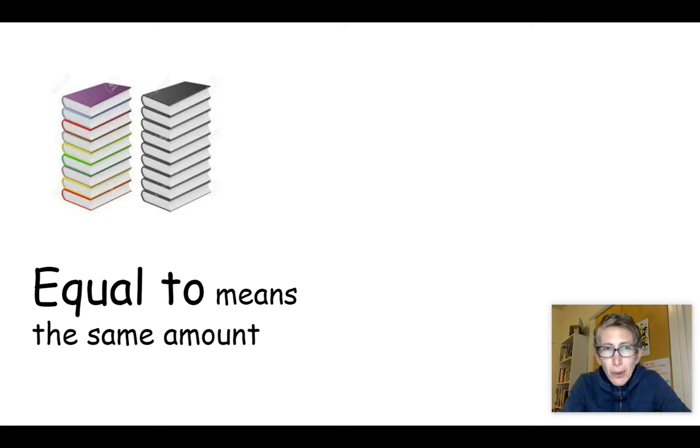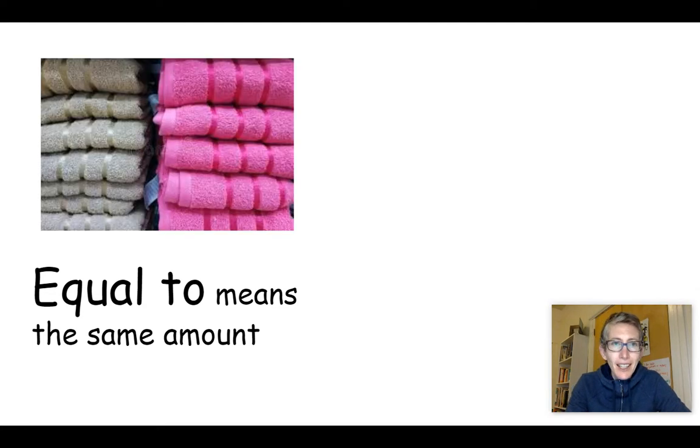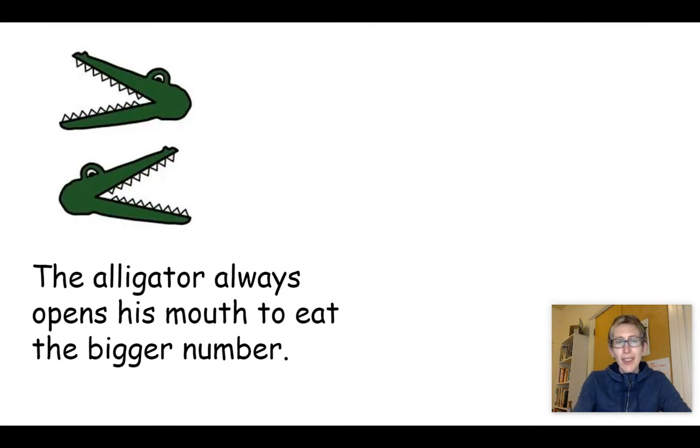So these two piles of books are equal to each other. The one on the left is equal to the one on the right. These two piles of towels are equal to each other. They're the same.